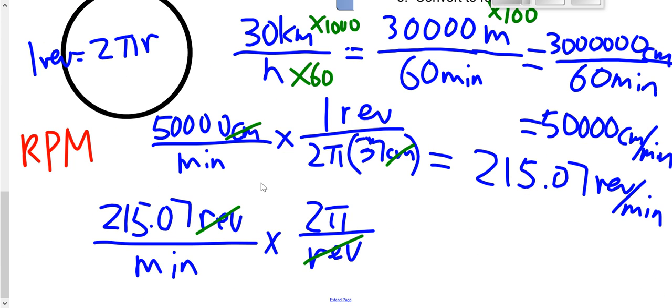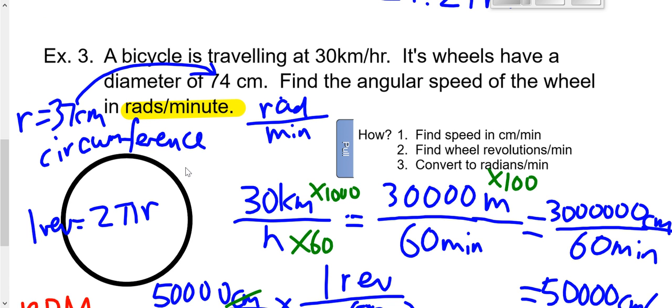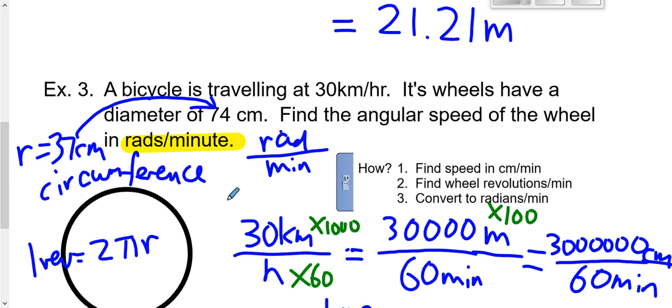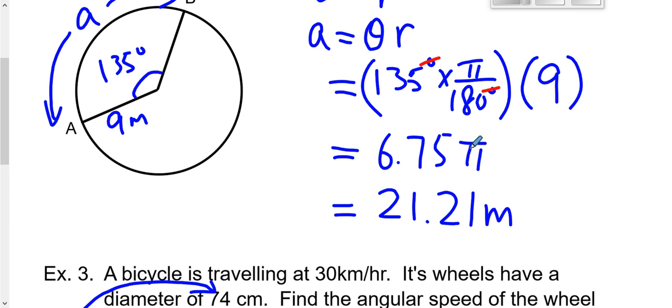That's good. But not just that, because the question talks about radians, so we cannot just leave that as whatever pi per minute. Nope, we have to multiply the pi in. Remember the last question, when we talked about the length, we could not leave that as 6.75 pi meters. What the heck is that?